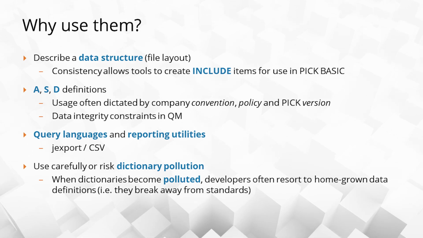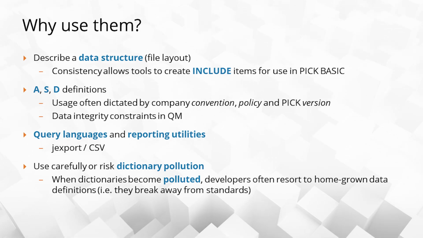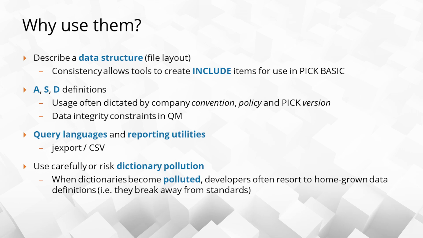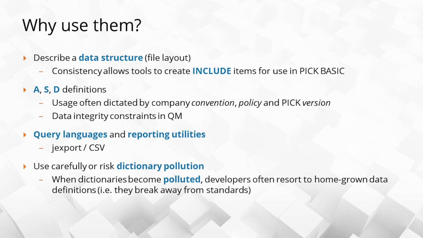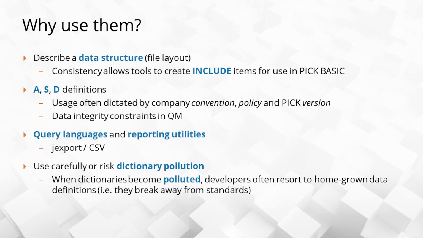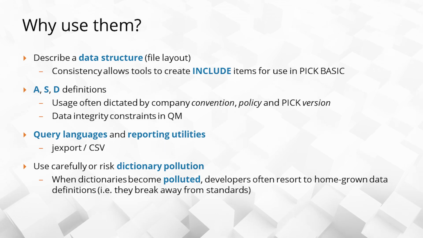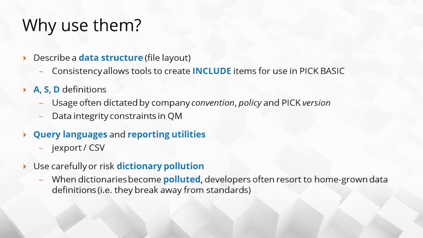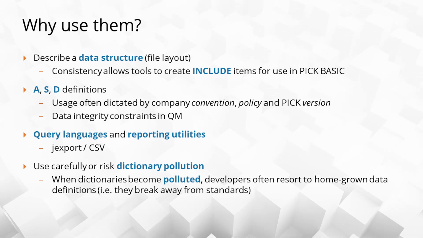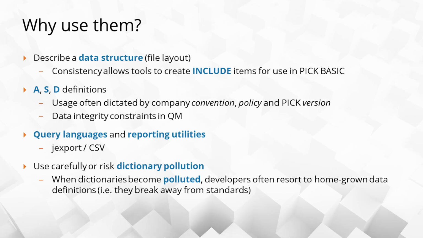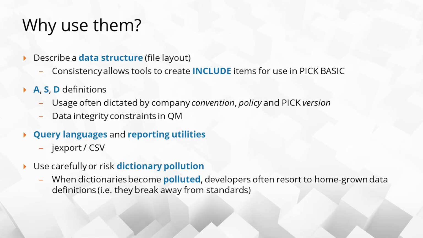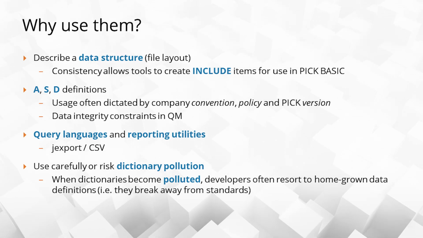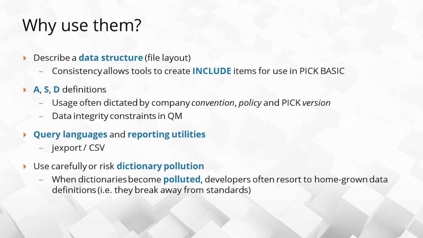For example, in jBASE, there's a jExport command, which is part of the query processor and outputs the exported data in a CSV format. QM has a toCSV option that allows you to export the query output as a CSV file, and other systems have similar things, so it's not strictly for querying and reporting. So the dictionary can be very useful there.